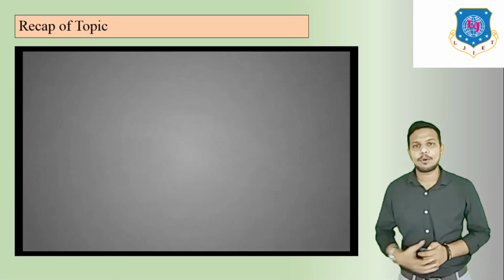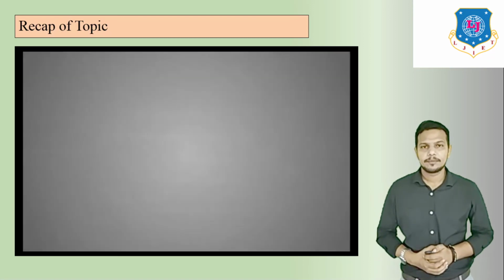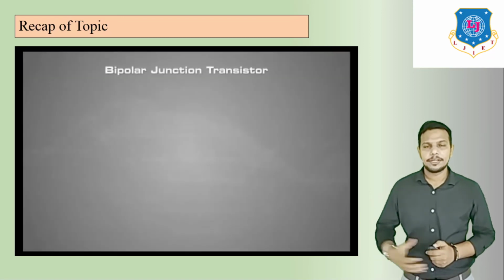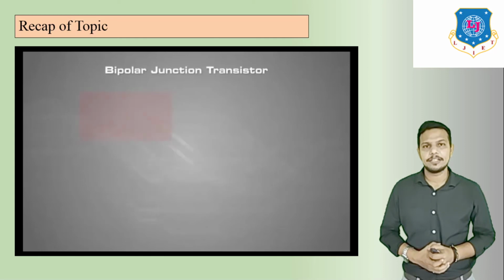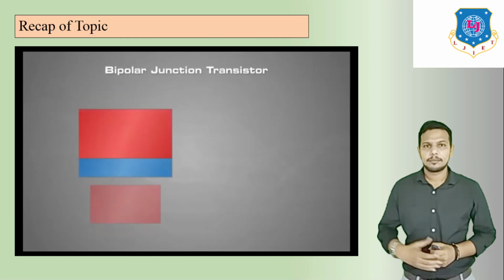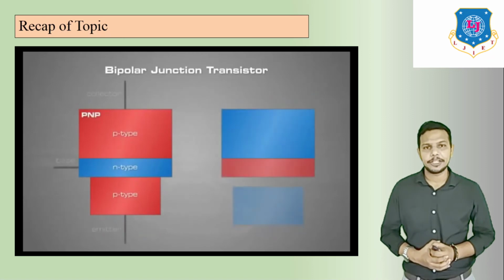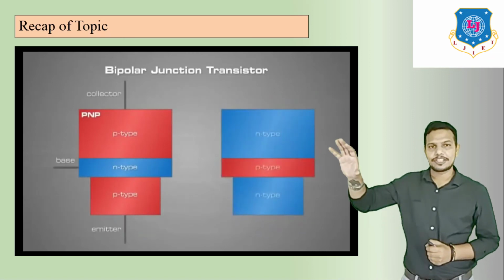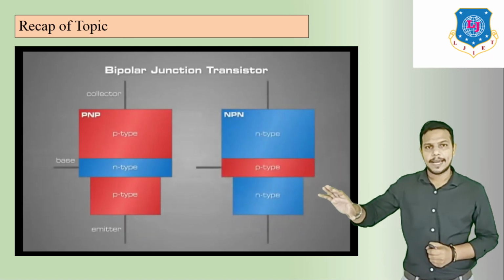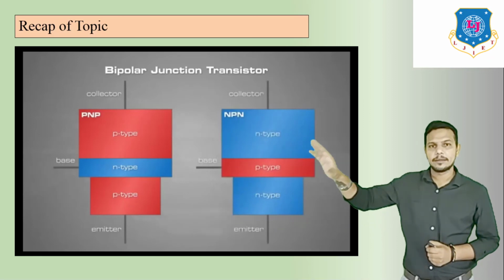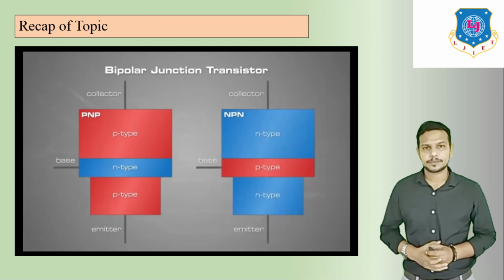Now let's recap today's topic. In this lecture we have seen the bipolar junction transistor. This is known as BJT, which is created as NPN and PNP type.